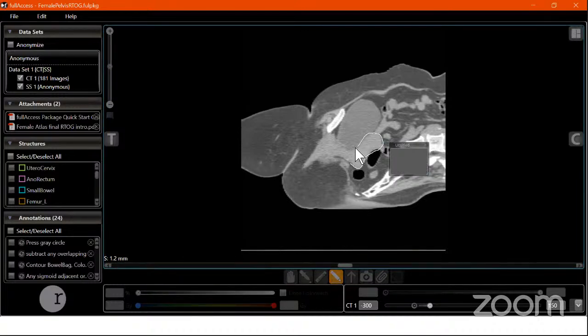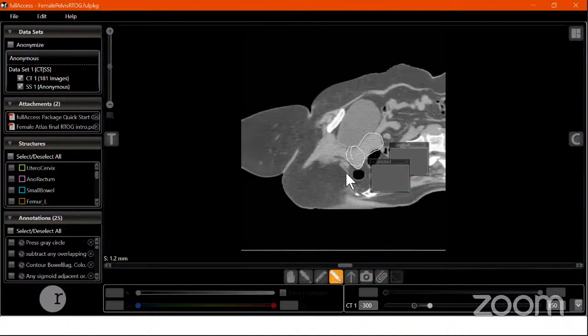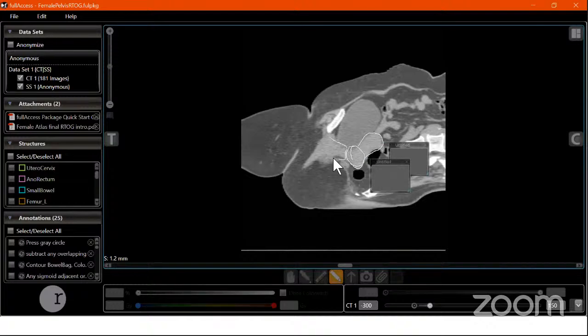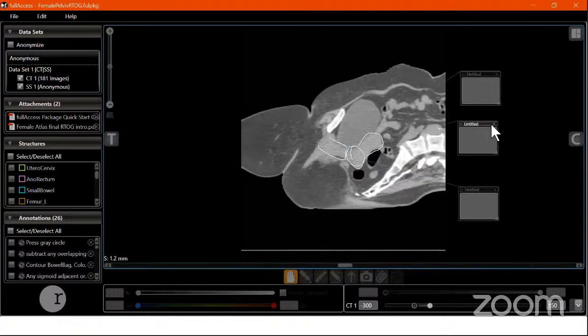Let me draw another one. This is going to be the cervix, and this part is going to be the vagina. All right, so we have drawn three structures to understand: the uterine body, the cervical region, and the vagina.